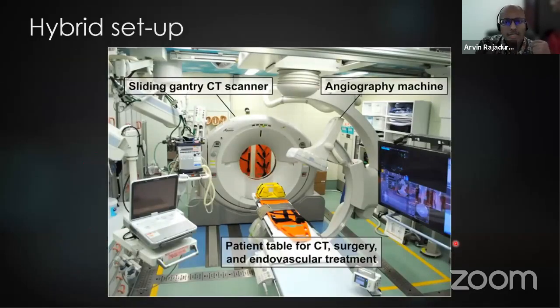So the hybrid setup. This is a setup that I think is ideal, and this is a hybrid angio OT. So you can see quite clearly there's a C-arm, there's a CT scanner, the patient after trauma, after the CT scanner, there's always the ability of a C-arm here. There's a GA machine. The patient can be opened because this is catered to be like an OT.